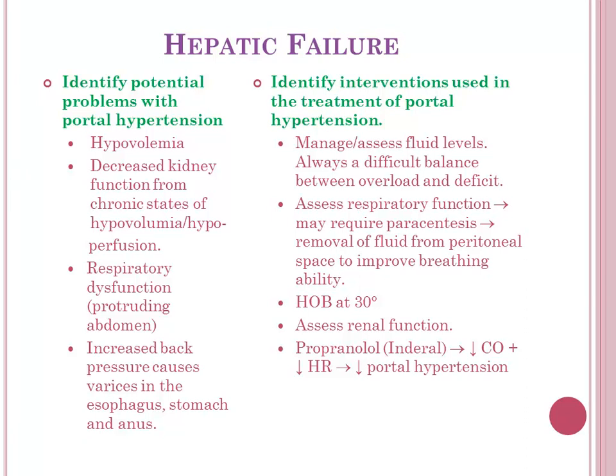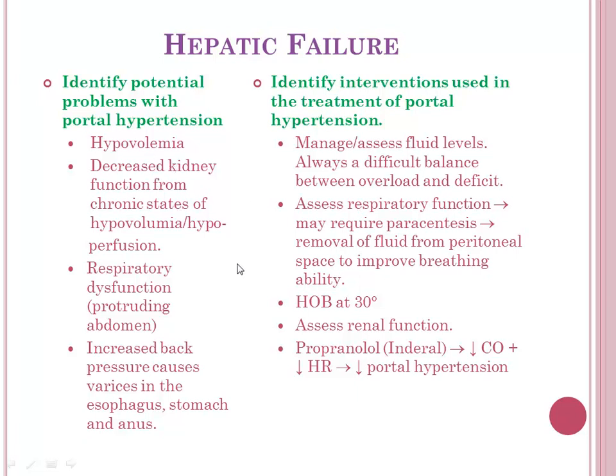So let's talk about the problems that are related to portal hypertension. We know hypovolemia, which we identified with hepatocyte dysfunction. It's the same with portal hypertension, and this is why your kidney can truly fail, because all this fluid is just leaving the vascular space. I just identified 3 reasons why water leaks from the vascular space into the peritoneal space, and so this causes a profound hypovolemia.